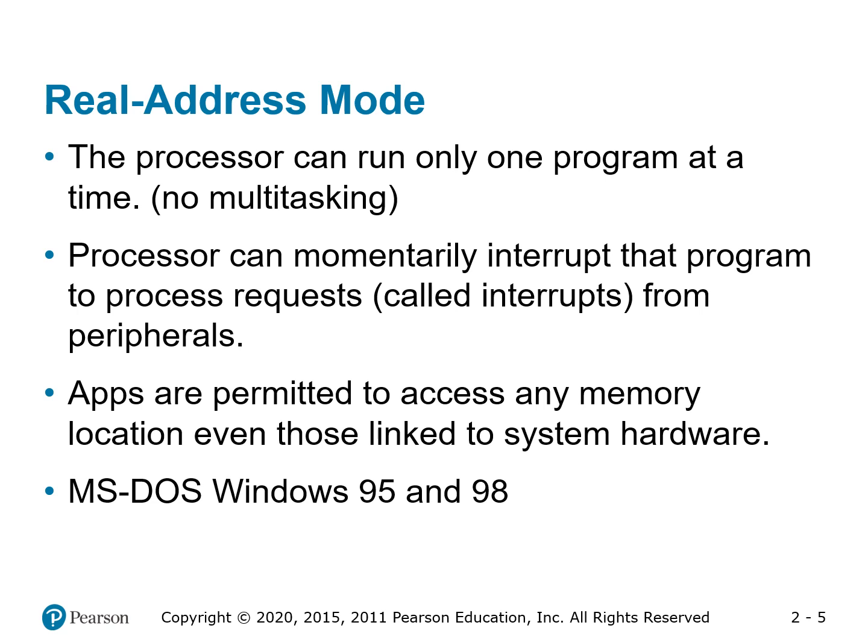The processor can interrupt that program, stop it, and then make a request to a peripheral like the printer, or it can stop that process and just do something else. Applications in real address mode are permitted to access any memory location, even those linked to system hardware.